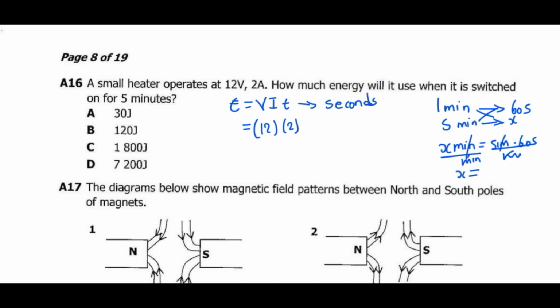So 5 times 6 gives us 30 plus the 0, so we have 300 seconds. So it's 12 times 2 times 300. I'm getting 7,200 joules of energy. So the answer is this one.